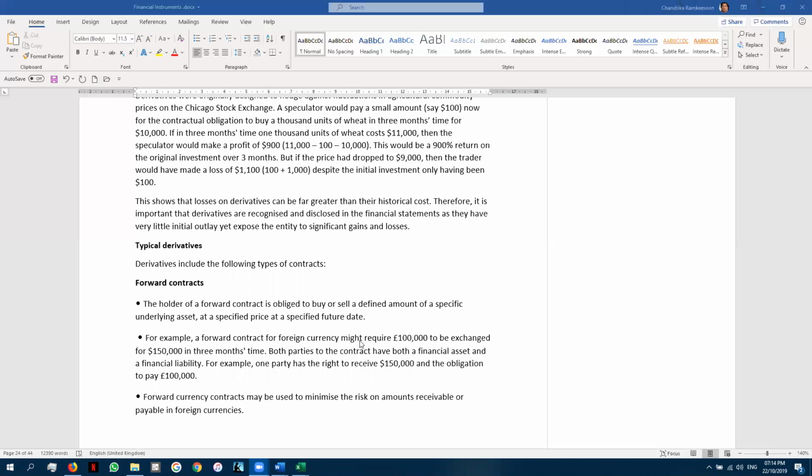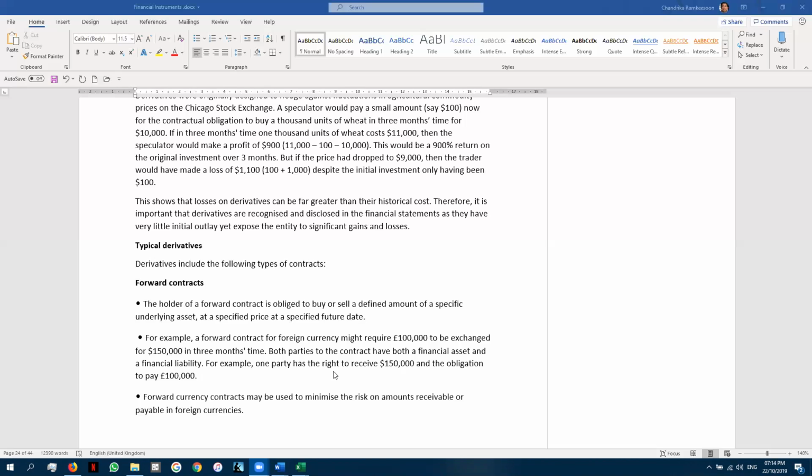For example, a forward contract of foreign currency might require 100,000 pounds to be exchanged for $150,000 in 3 months' time. Both parties to the contract have a financial asset and a financial liability. For example, one party has the right to receive 150,000 and the obligation to pay 100,000.